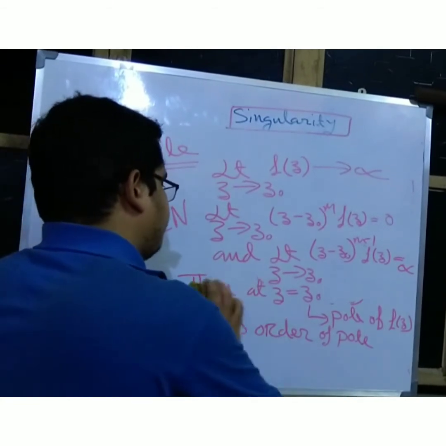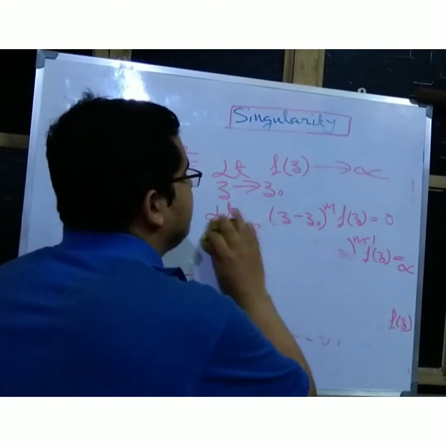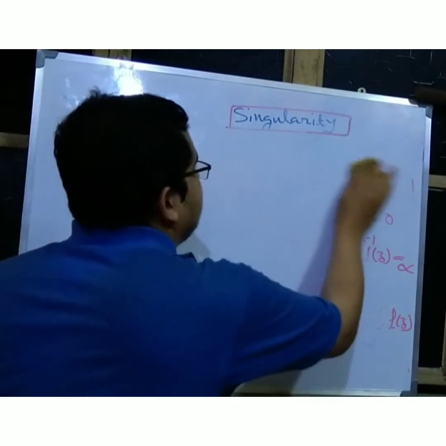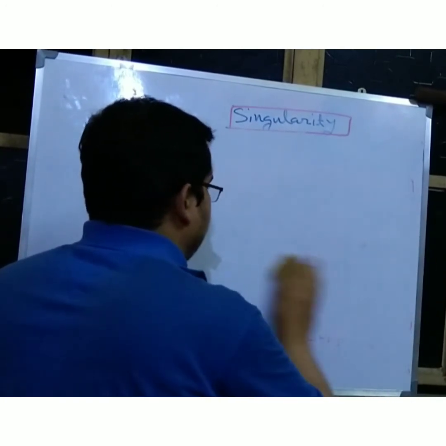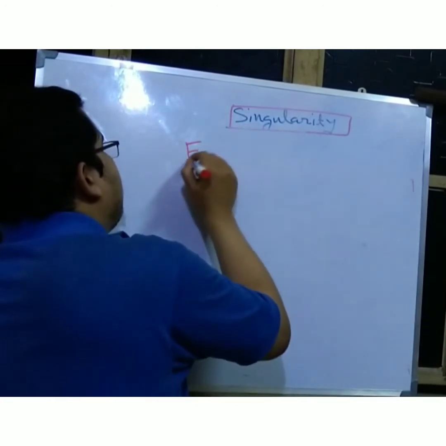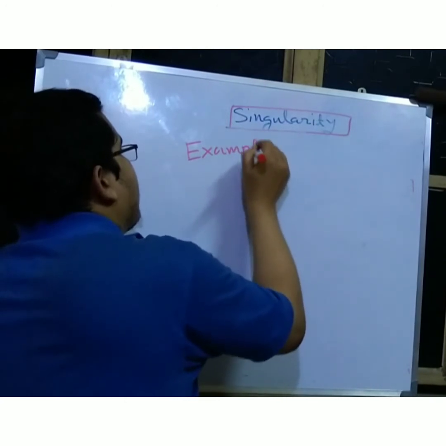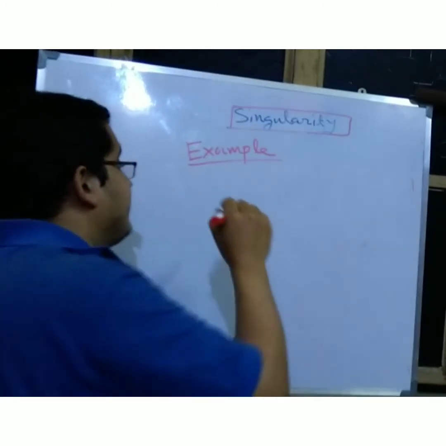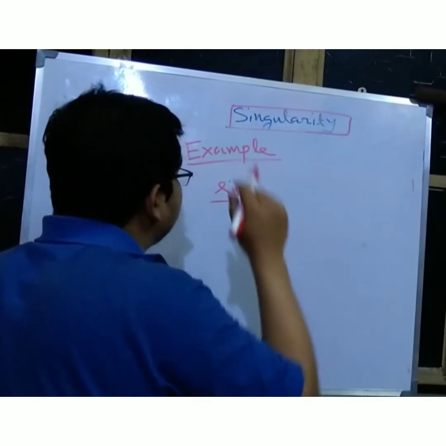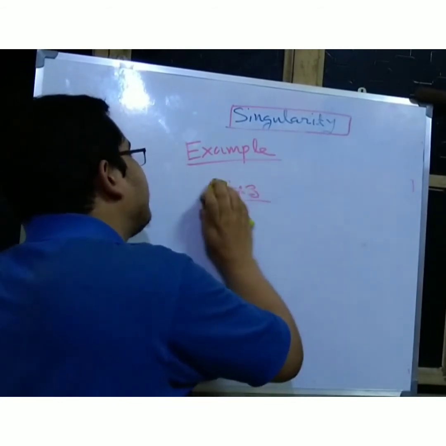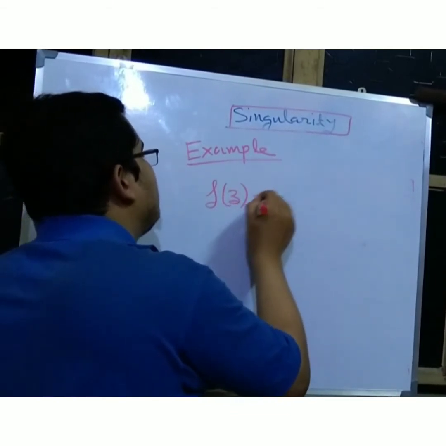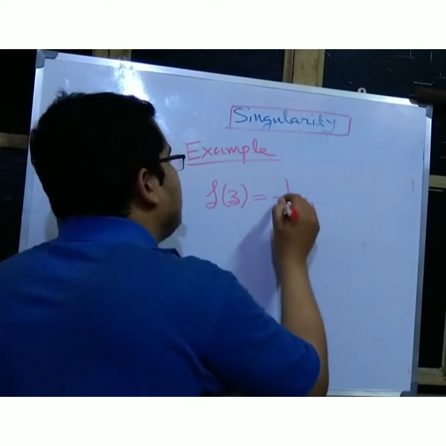So friends, my example is very simple. I will take a simple function, f(z) is equal to 1 by (z minus 1) whole square.